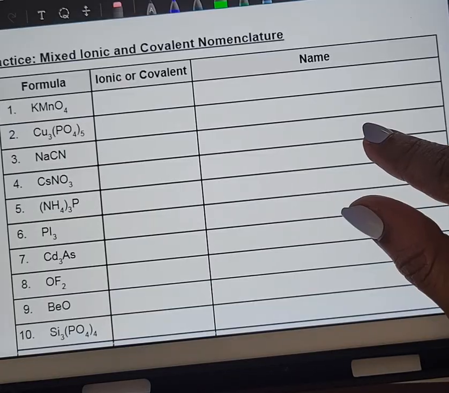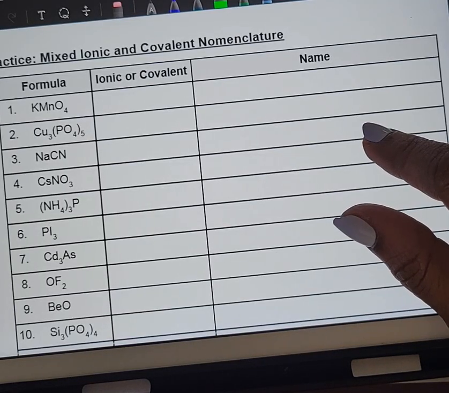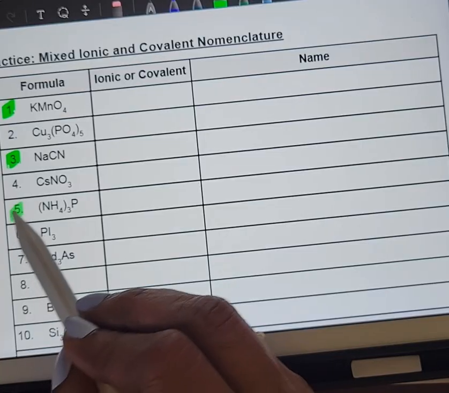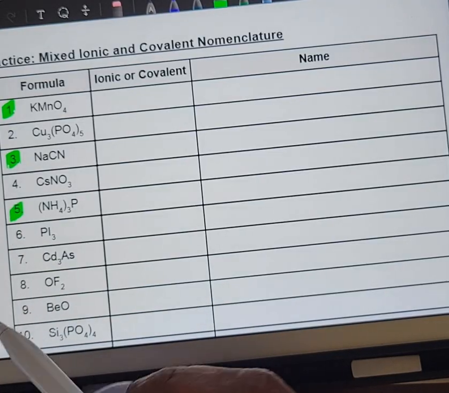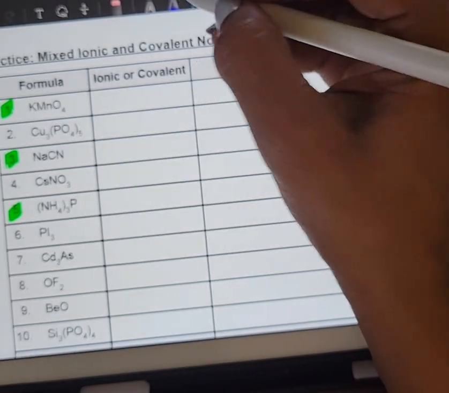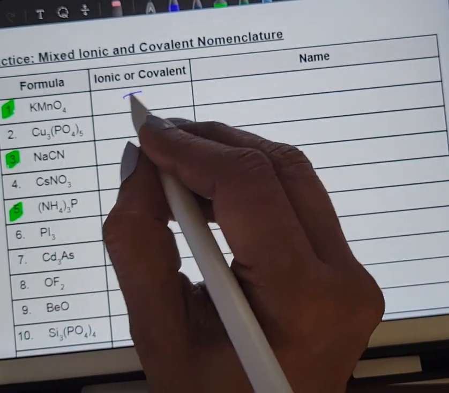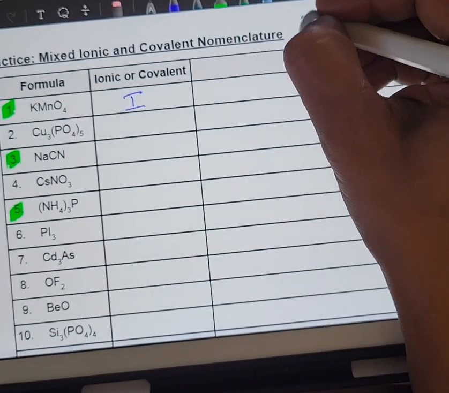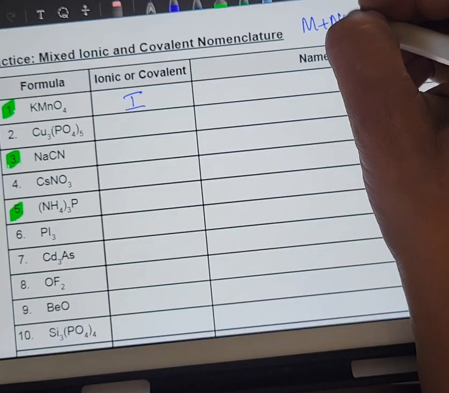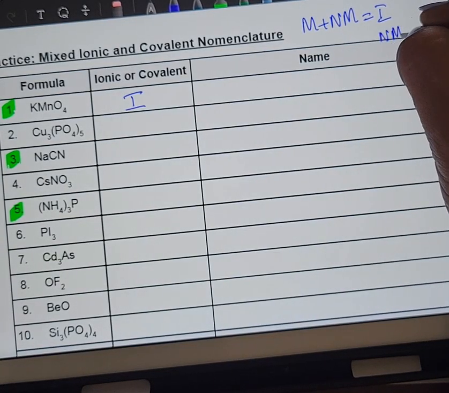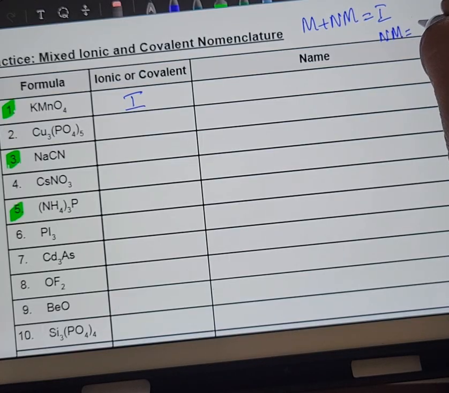Here it is a combination of ionic and covalent. The same thing, do all the odd ones, okay? Rest of them we will do. And the only one thing you have to remember, if you see a metal and non-metal, that will be ionic. Remember, metal, non-metal will be ionic. And if there is non-metal, the non-metal will be what?